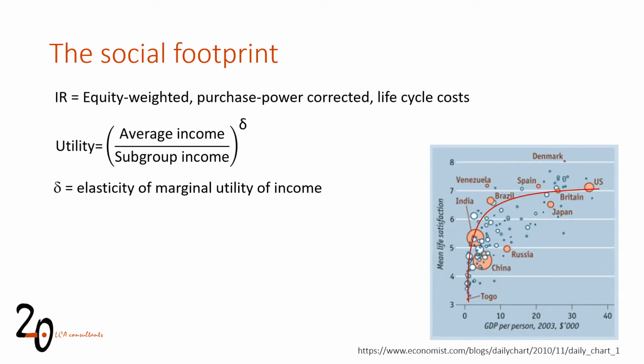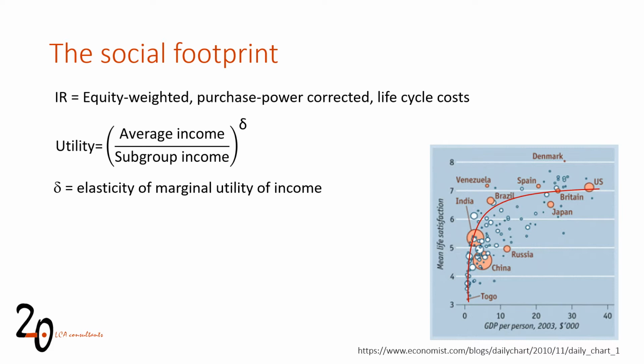Now let's introduce the two components of the social footprint with a little more detail. First of all, we have the income redistribution, which is calculated as the life cycle cost of an activity once adjusted for purchase power and equity weighting. By equity weighting, we mean the inclusion of the economic concept of utility, meaning the level of satisfaction from consuming a certain product or service.